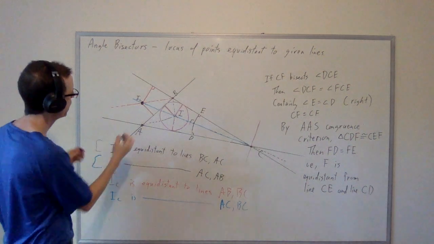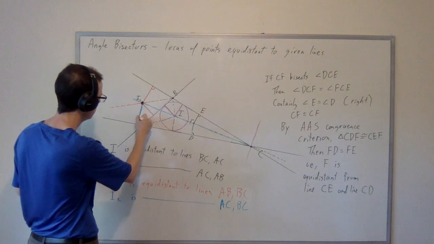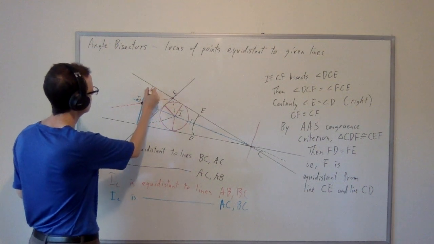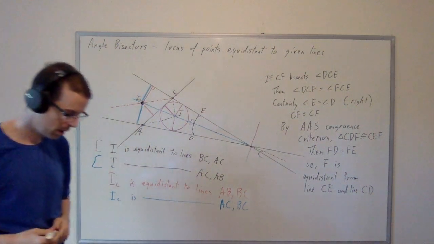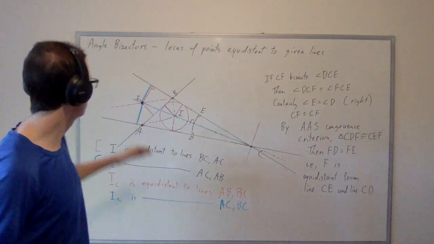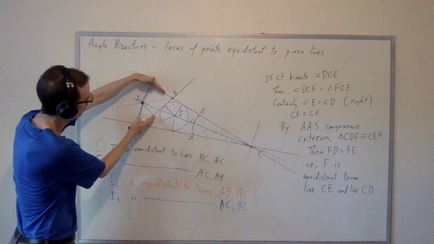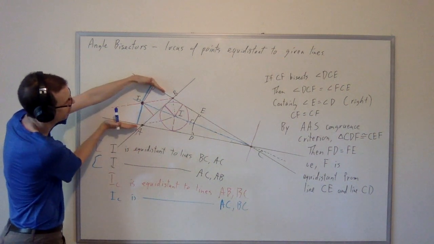And so when I calculate its distance to this line and its distance to this line, I get the same thing. And here again we have the same argument. In red, I've recorded the fact that it's equidistant to these two lines. In blue, I've recorded the fact that it's equidistant to these two lines.